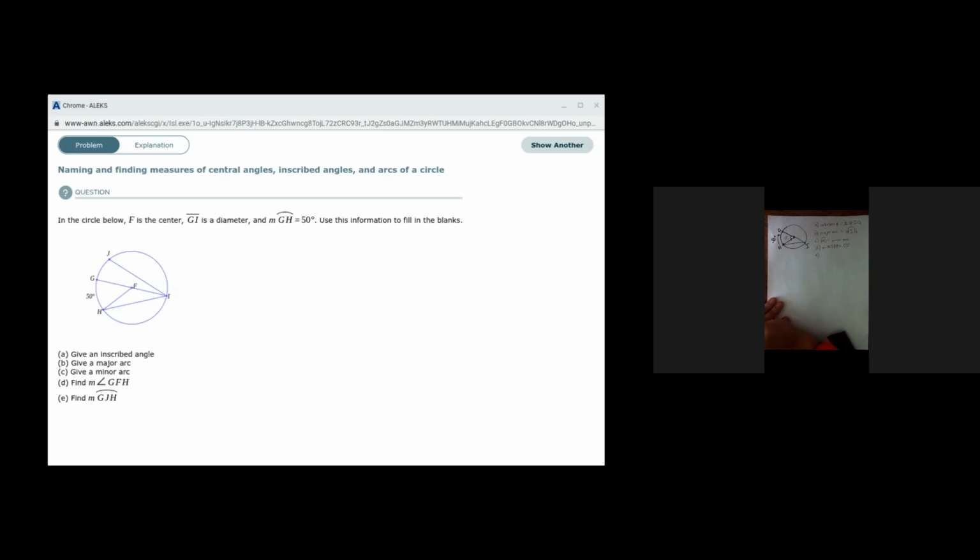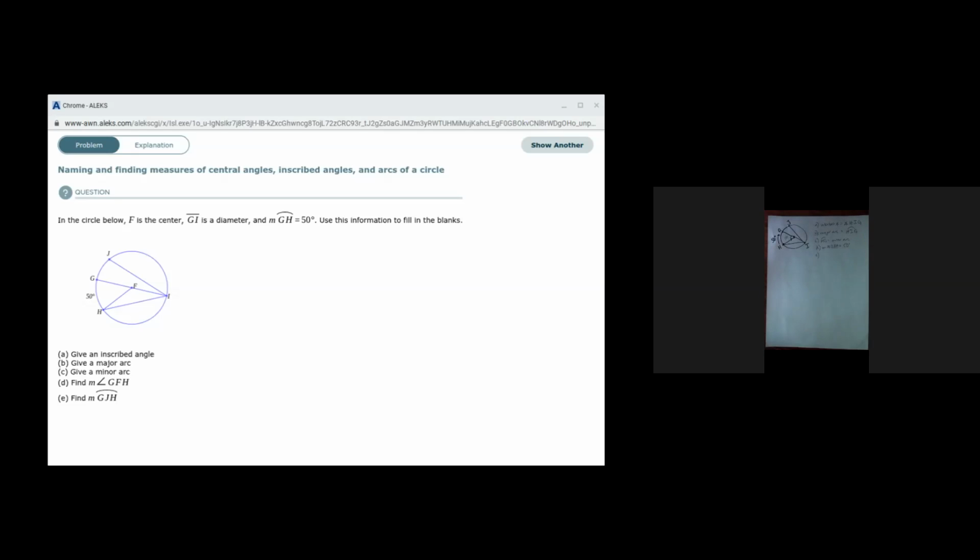Got another one for us? Oh, you want to know the measure of a big major arc here that has the J in it, that we didn't include, did we? No, we did not. It wants G, J, H. Right, that came from here.